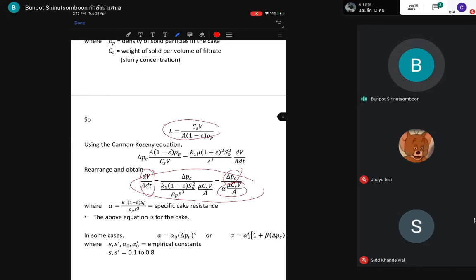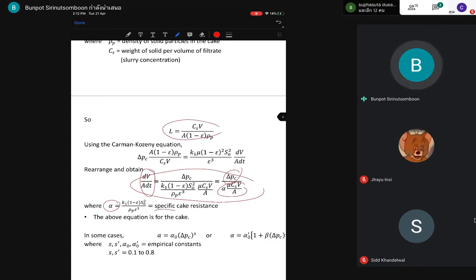This alpha right here is an intrinsic property of the cake. The higher the alpha value, the more resistant the cake is to the flow. This alpha value does not depend on the size of the cake. It's a specific property.